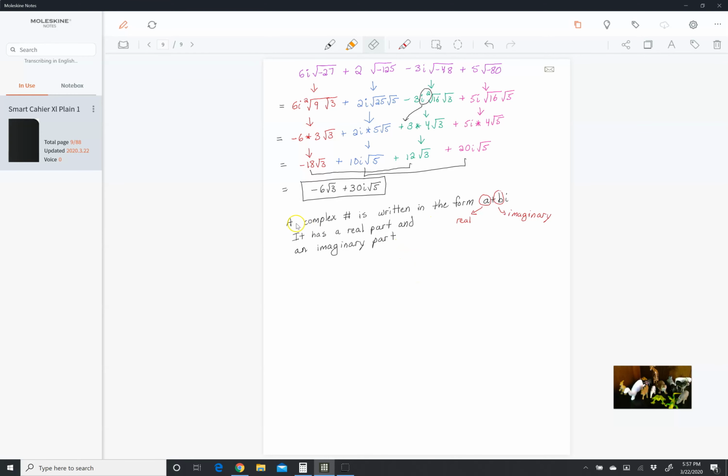Okay, so we can add, subtract, multiply, and divide. So let's do that really quickly. I'm not going to go through a lot of examples here. One, because this video is getting really long. And two, this is just like actual real numbers. Okay, so to add and subtract, you add the real parts.